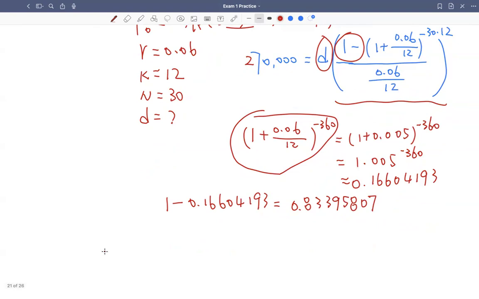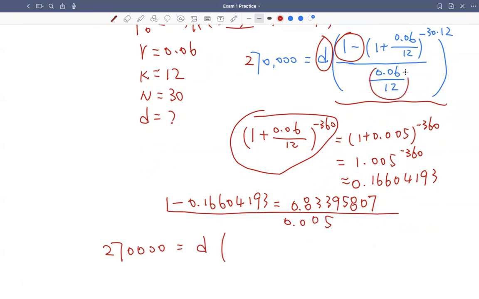So now we write the equation. We have 270,000 equals D times this number divided by 0.005, right? This one is 0.005.